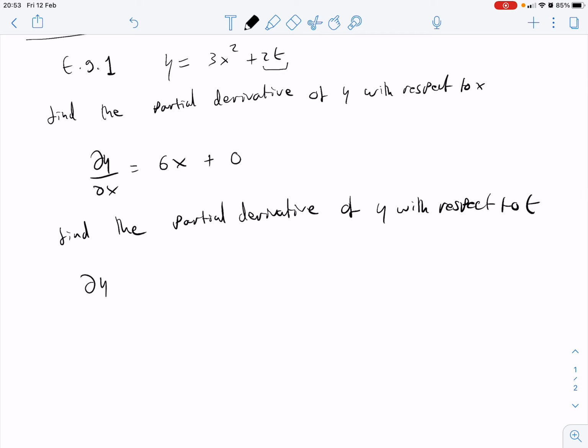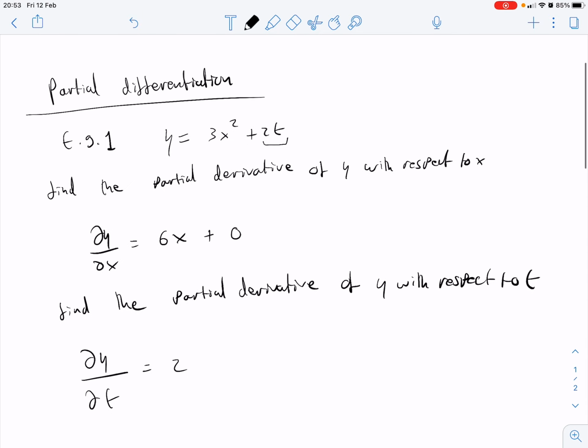Just do partial y over partial t. Obviously we're treating the x squared term as a constant. It doesn't matter if it's got x squared over it, it could be any number squared, because we're treating x as a constant in this case. And if you differentiate 2t, you're left with 2. That's all partial differentiation is.